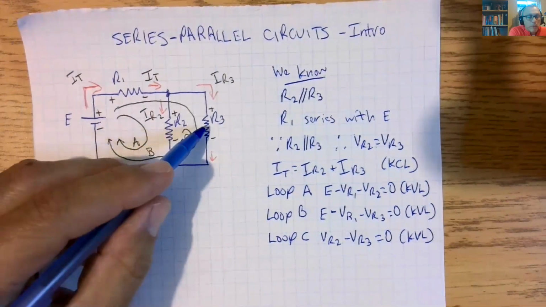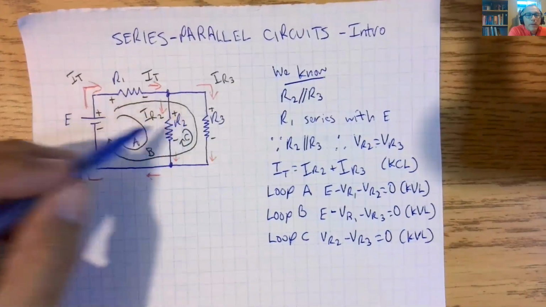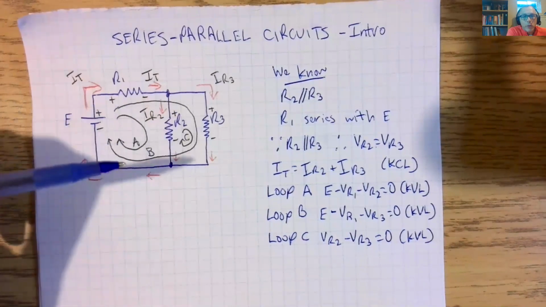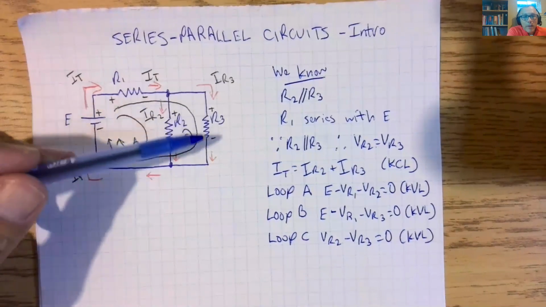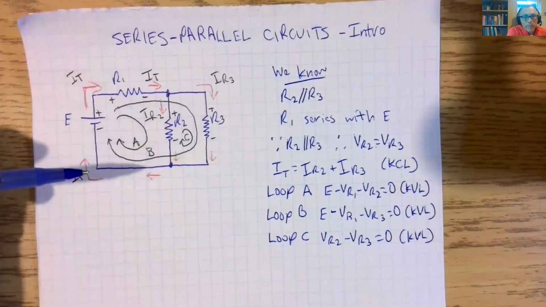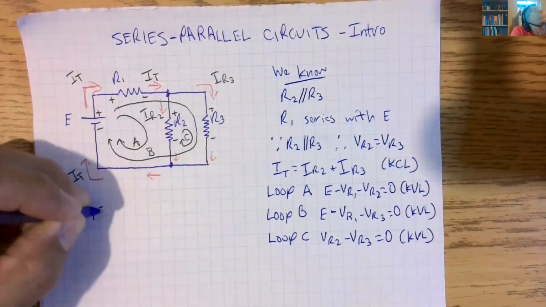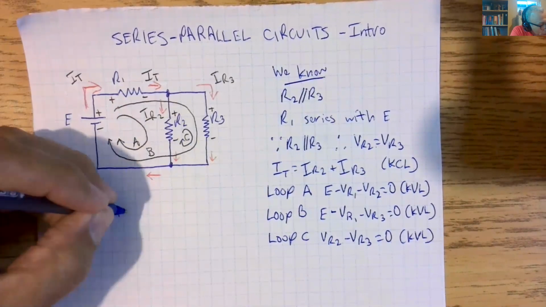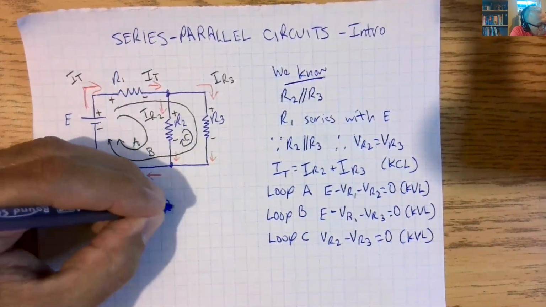So in this circuit, we know that R2 is in parallel with R3, and we know that this together is in series with R1. So RT in this circuit is R1 plus R2 in parallel with R3.